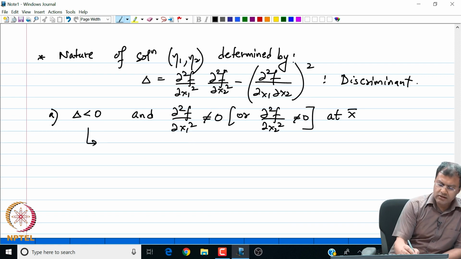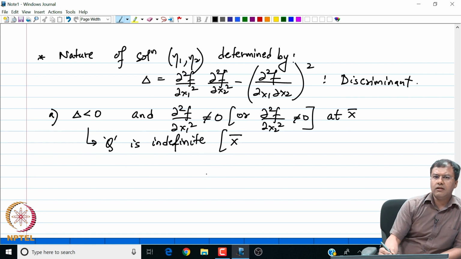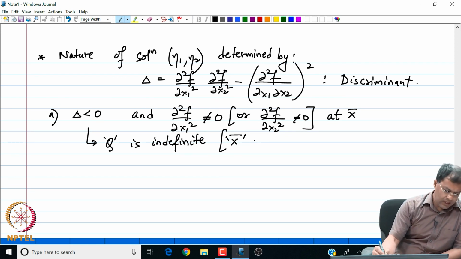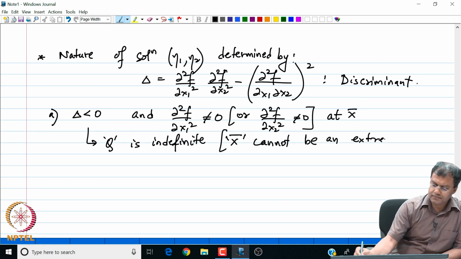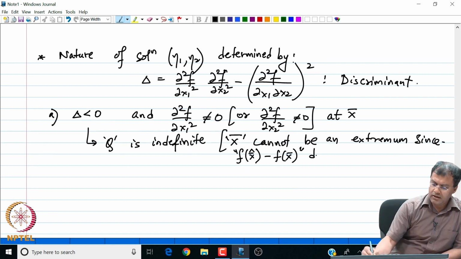So, I see that this is a case where q is indefinite, we get a real solution for eta 1 by eta 2, and the conclusion in terms of the extremum is that in this situation x bar cannot be an extremum, since the difference of f of x hat minus f of x depends on the choice of eta.